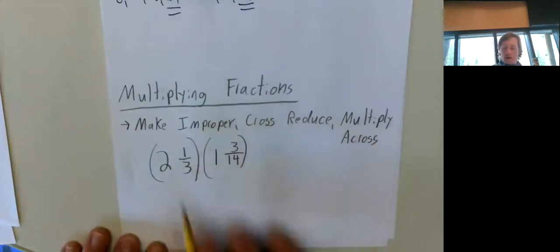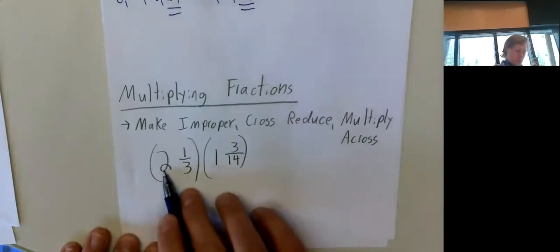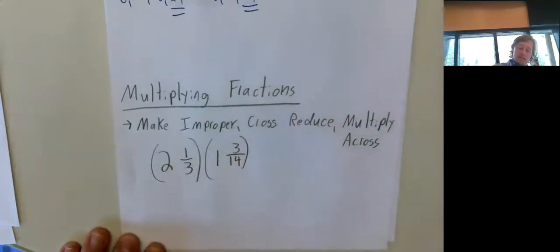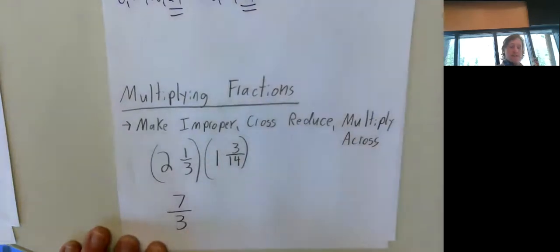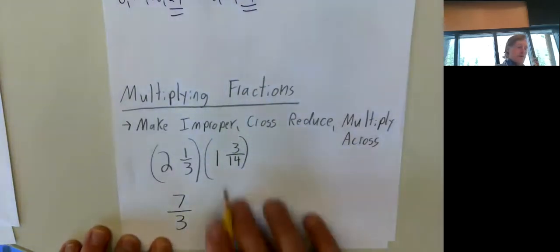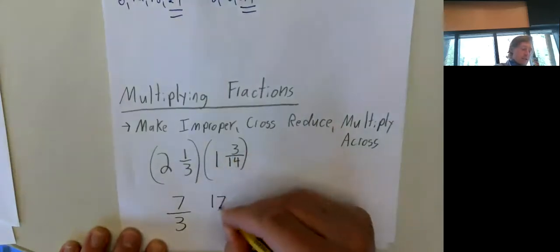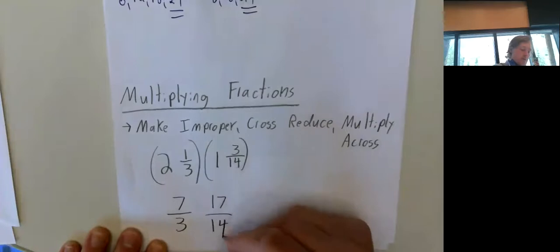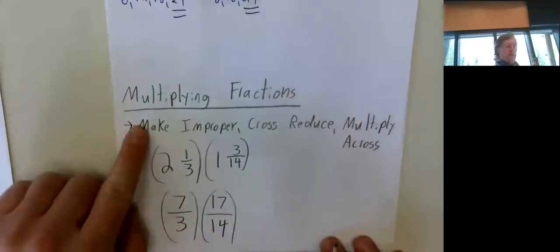The last video talked about making these improper by going around the world. 3 times 2 is 6, plus 1 is 7. There's my numerator. Denominator stays the same, so 7/3. Over here, 1 times 14 is 14, plus 3 is 17, so 17/14. Okay, so I've made them improper.